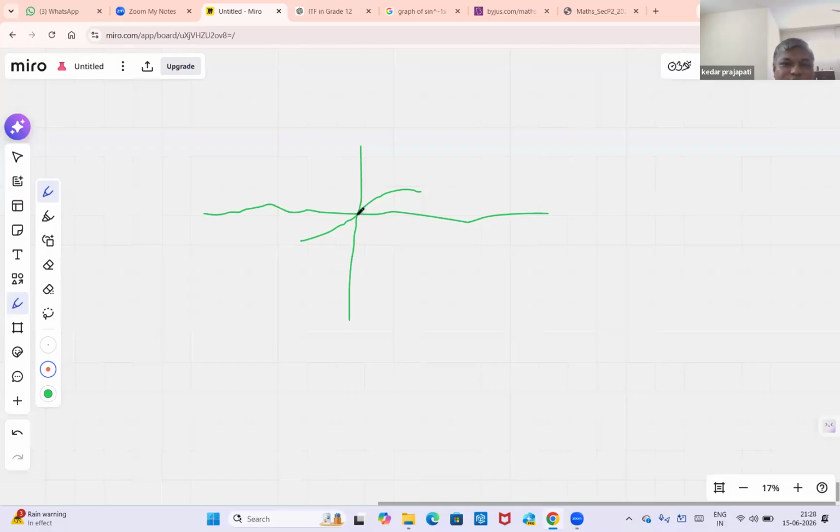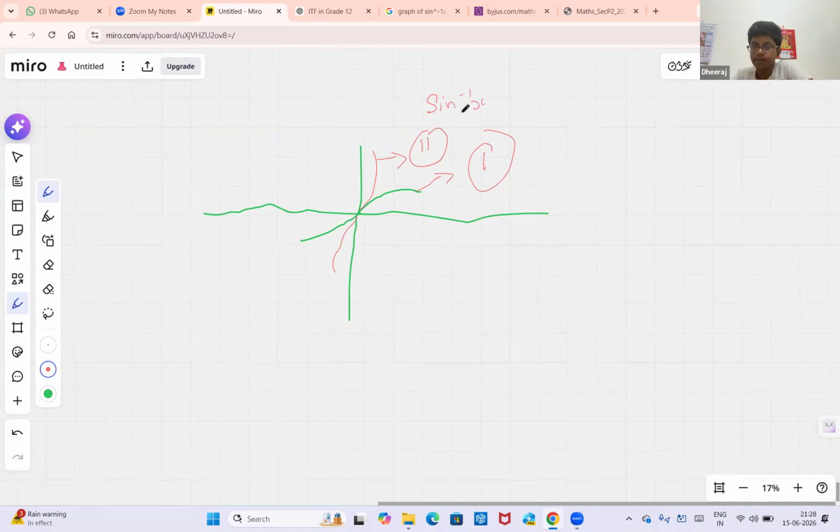So for us, it will go like this and move away from here. This one is for sin inverse x and this is for sin x. If you are able to draw sin x, you will easily be able to remember sin inverse x. Now tell me which one is sin x and which one is sin inverse x. The second one is sin inverse x and the first one is sin x.